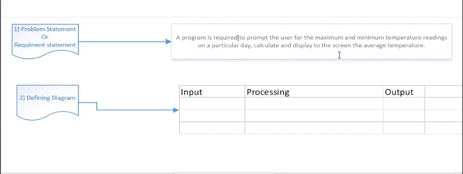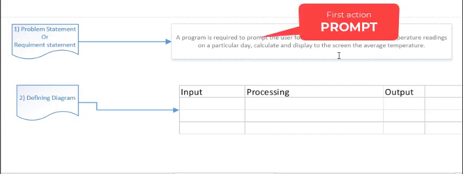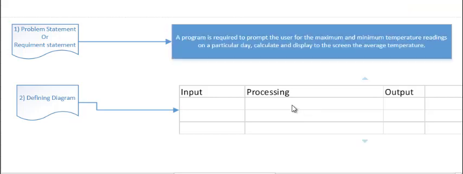It's easier that way. So for instance, the first action word here is prompt the user for maximum and minimum temperature. The computer is expected to prompt the user for maximum and minimum temperature. Okay, so I'll start with prompt user for maximum temperature, then prompt user for minimum temperature.